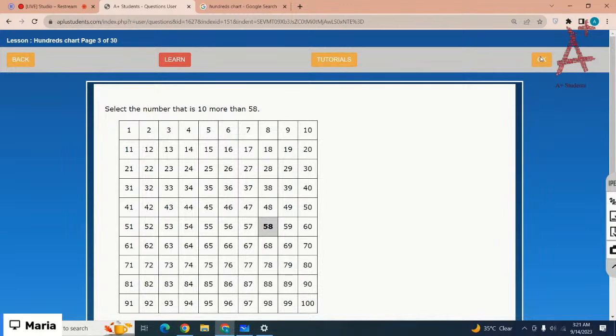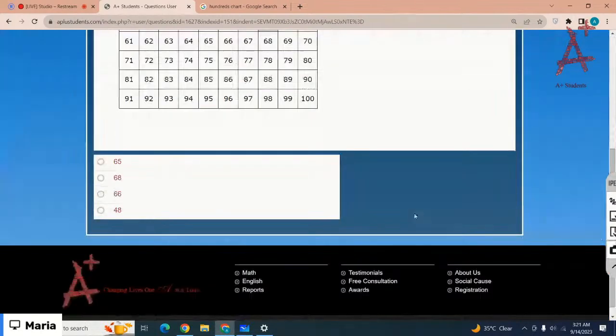When you move right one block, you are adding one. When you move left one block, you are finding one less than. So when you move up, you find 10 less than, and when you move down, you find the number that is 10 more than. So when you move one down from 58, that would be 68. So the correct option is 68.